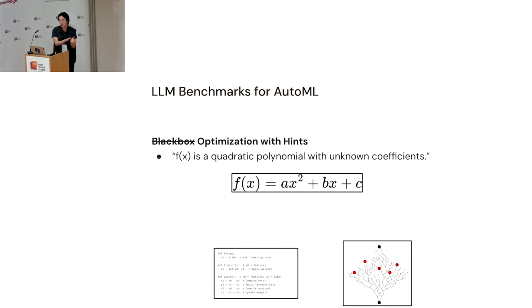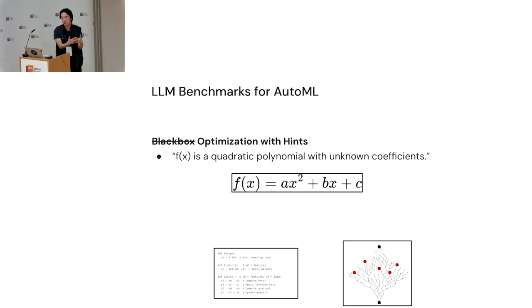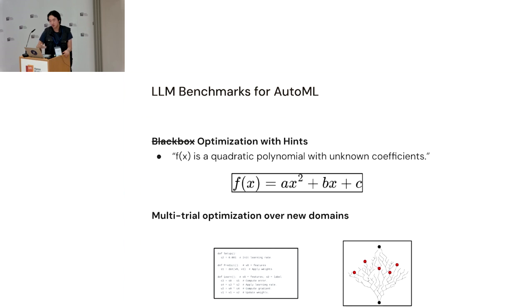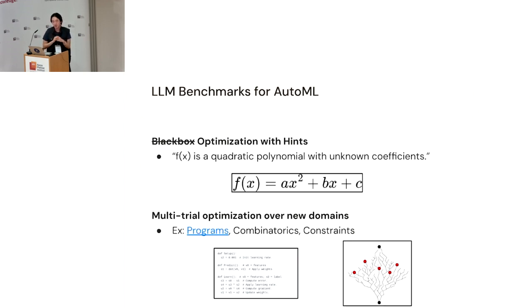I talked a lot about this in this talk, but for example, the hint would be, my function is a quadratic polynomial with unknown coefficients, and then see how well your optimizers will do given this new hint. And also, with the inclusion of LLMs, I personally think that this allows optimizations in completely new domains. So, for example, much more so with programs, combinatorics.